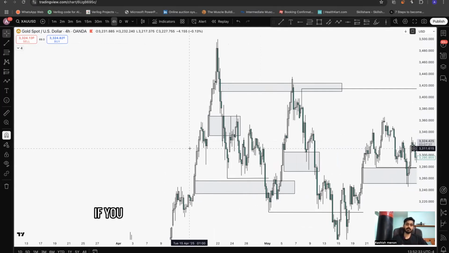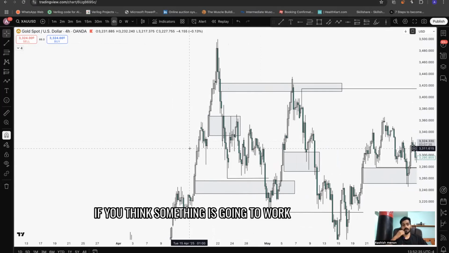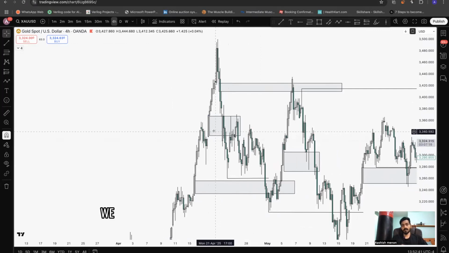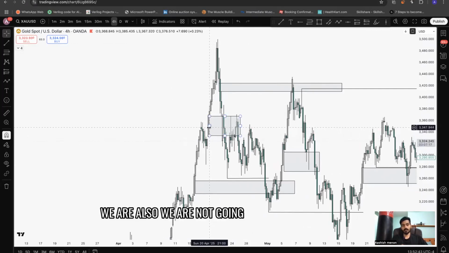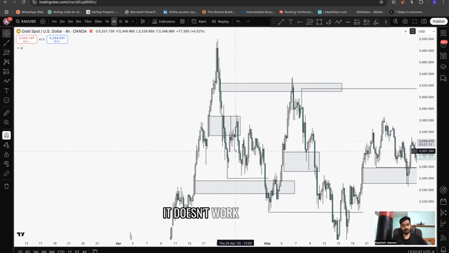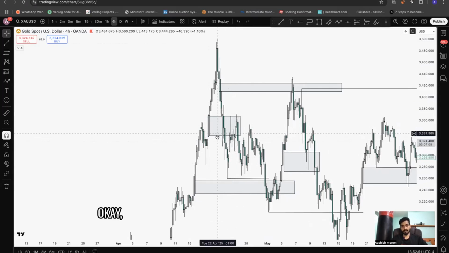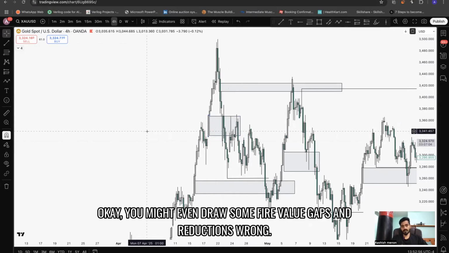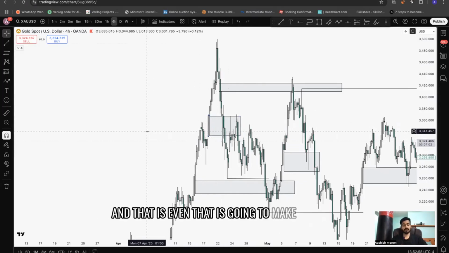If you think something is going to work 100% of the time, you are soon going to be kicked out. That's not how it works. We are not going to enter into a trade as soon as it touches these value points. It doesn't work that way. A bunch of times it's going to fail. You might even draw some fair value gaps and rejections wrong, and that is going to make you pay.